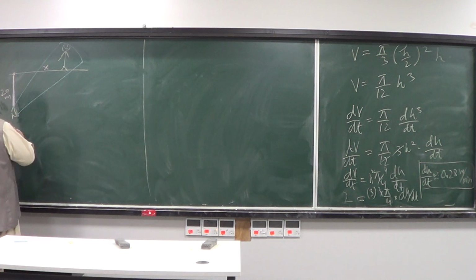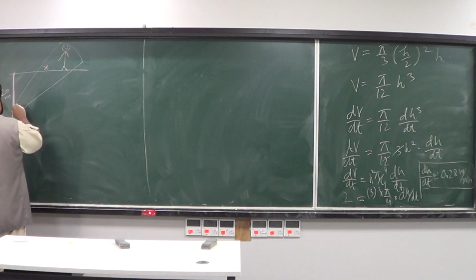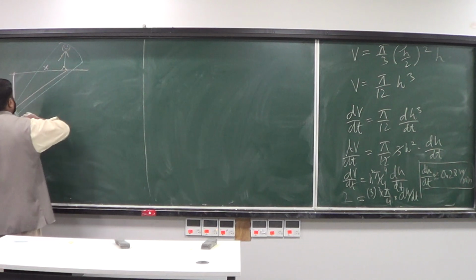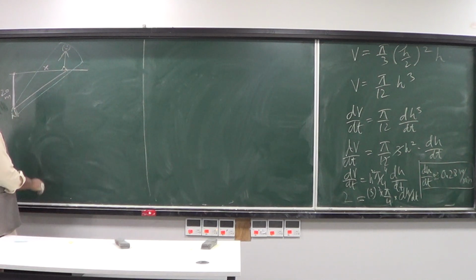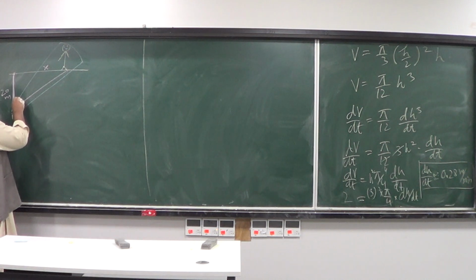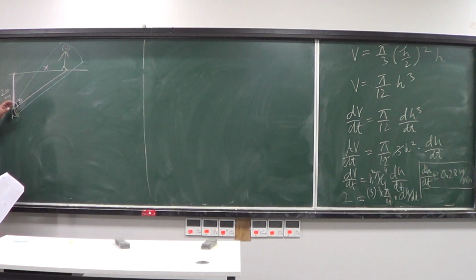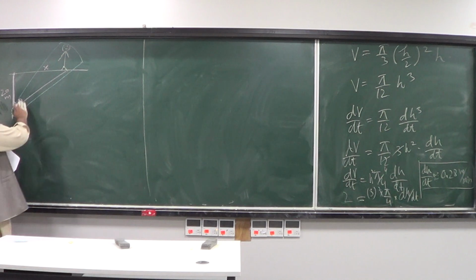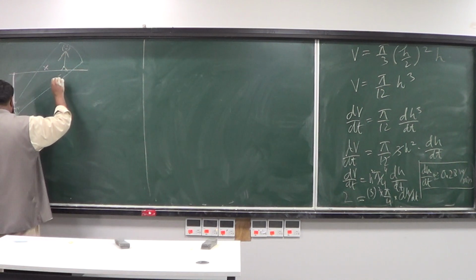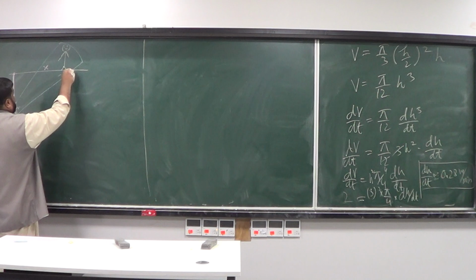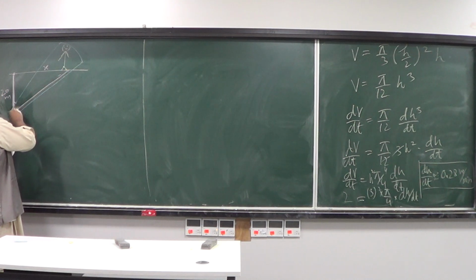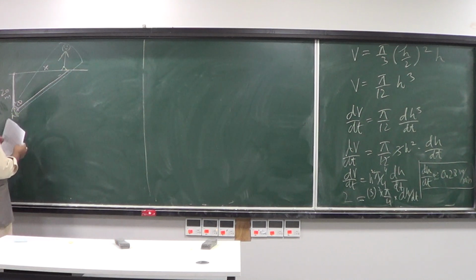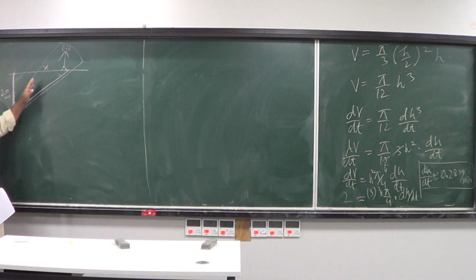And imagine that I try to make a triangle out of it, and this angle is theta. So in other words, you need to revolve this light with some angle to track this person.